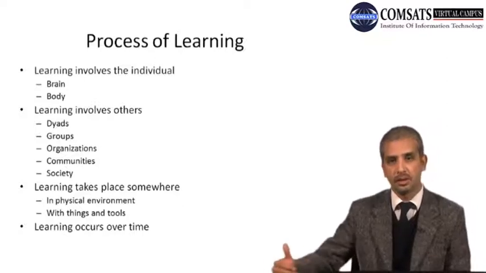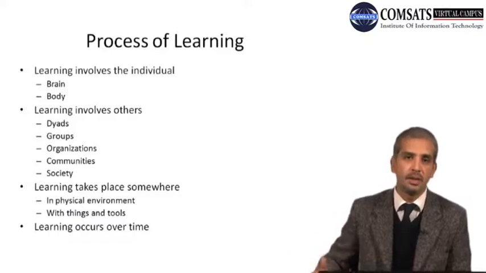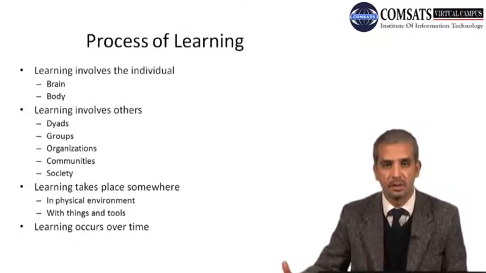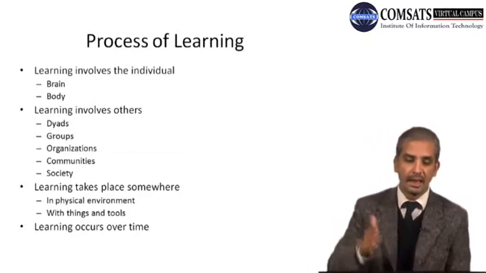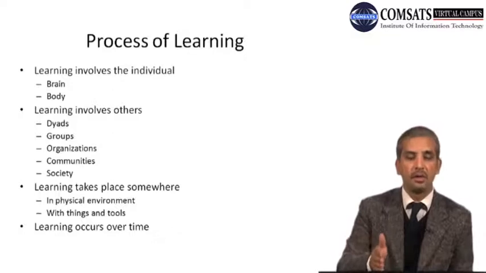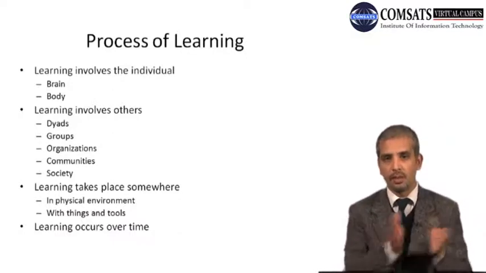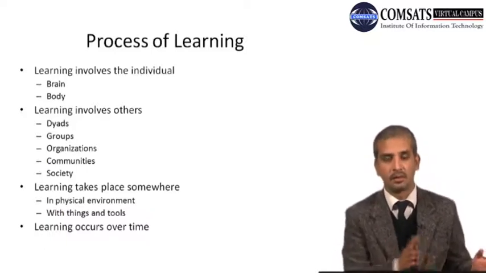So the learning process requires both of these senses. They learn to speak those words because in the start they learn to listen to those words. So that is how the learning process is involved. So in the end, I would say that learning involves the individual's brain and body. Both of these are required to complete the learning process, or an ideal learning process.